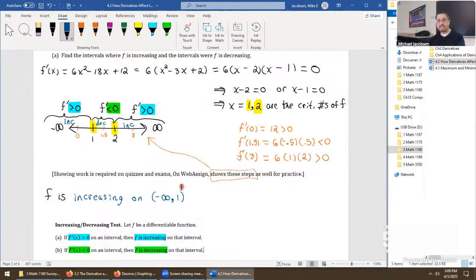It's in transition. It's at rest, essentially, right at that time. We start increasing again right at 2, so go union, 2 comma infinity. Then last thing to say, f is decreasing on just one interval, it goes from 1 to 2.